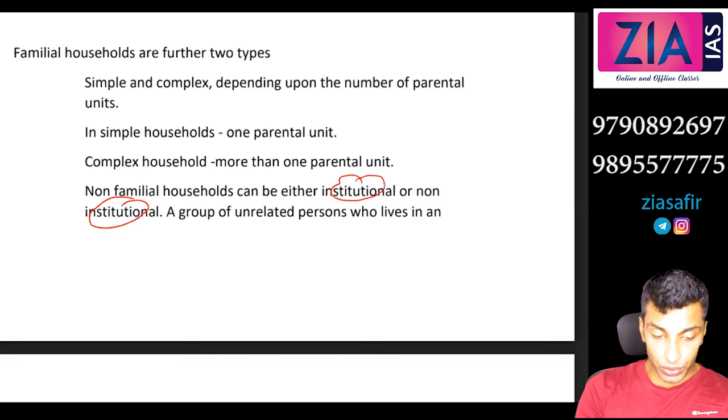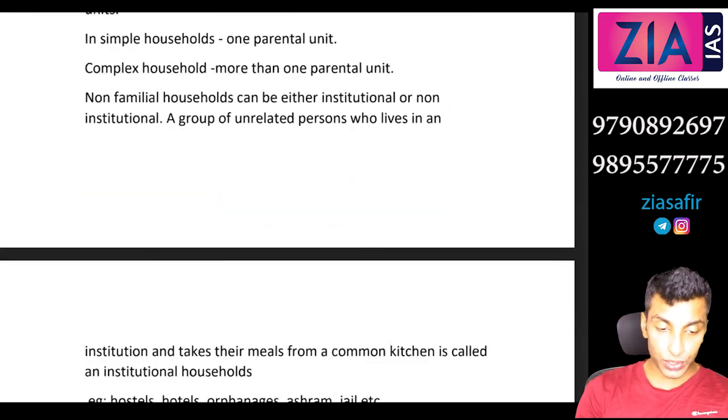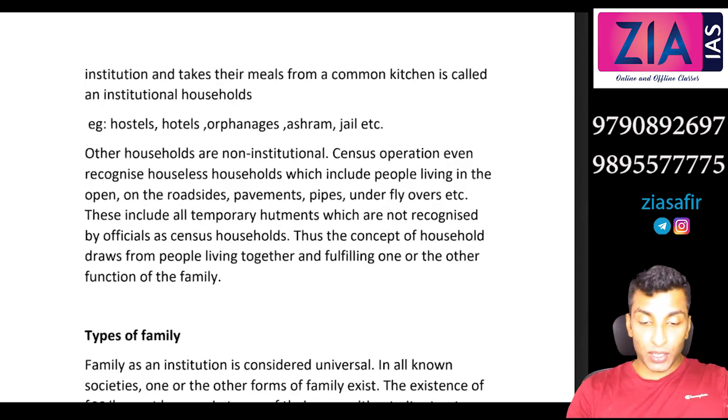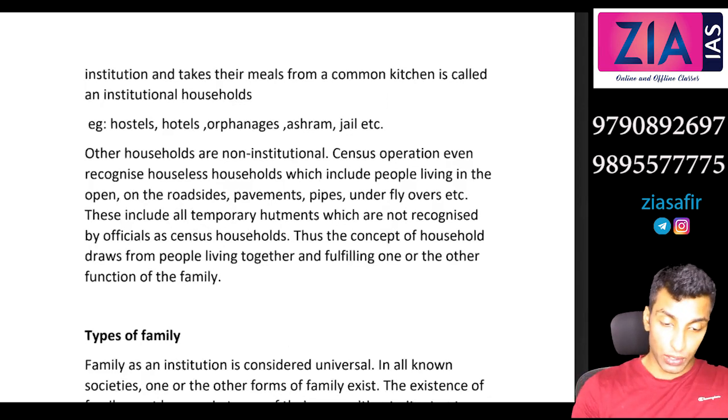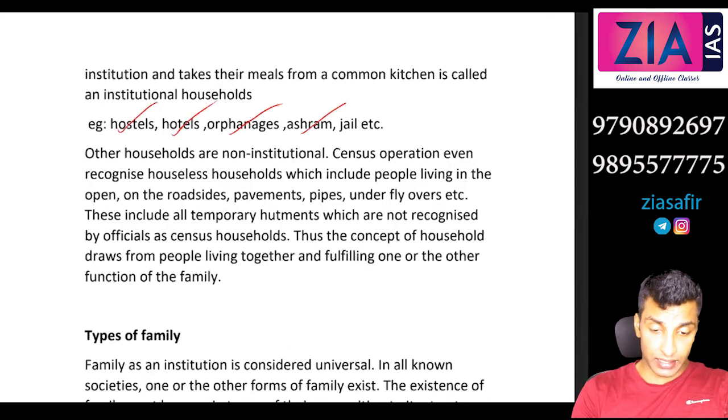So here, non-familial household means a group of unrelated people, and here a group of related people. Unrelated people who live in an institution and take their meals from a common kitchen is called an institutional household. These are examples: hostels, hotels, orphanages, ashrams, jails, etc. Other households are non-institutional.